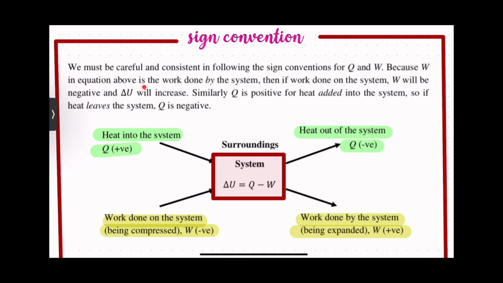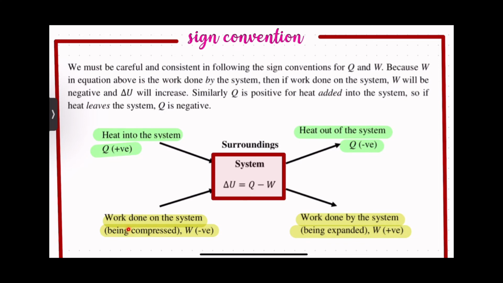W in the equation above is the work done by the system, so if work is done on the system, W will be negative and delta U will increase. Similarly, Q is positive for heat added into the system, so if heat leaves the system, Q is negative. So when heat goes out of the system, you have to put a negative sign on Q. When heat goes into the system, the sign of Q is positive.